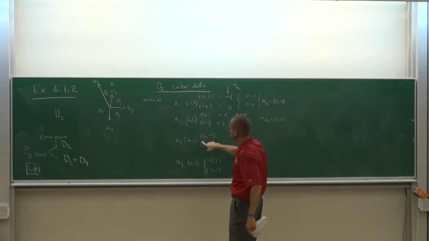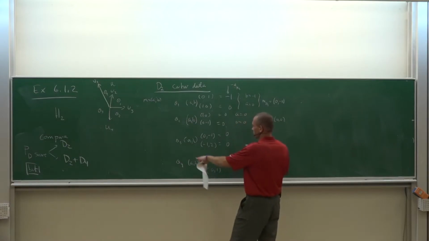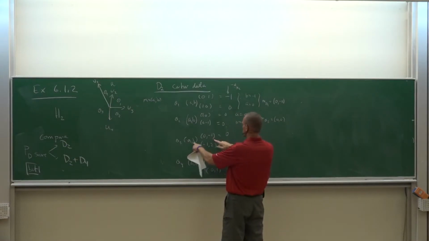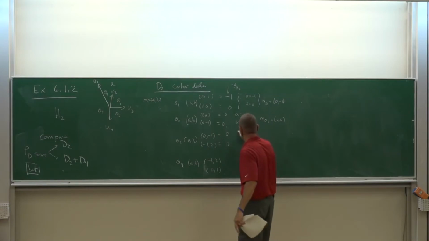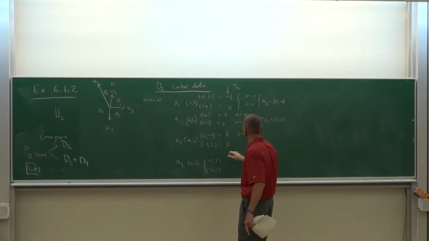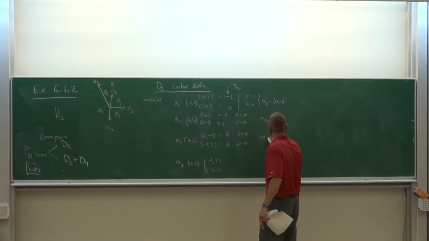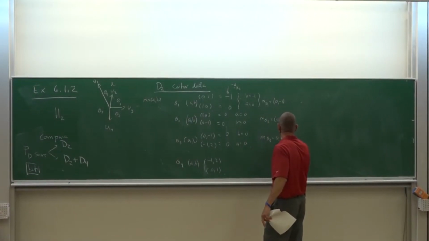Now sigma 3: (0, 1) dot is 0 still. Now it's a little different, though. Let's watch. This says B is equal to 0, and this says minus A plus 2B is 0, but B is 0, so A is equal to 0. So M sigma 3 is also (0, 0).